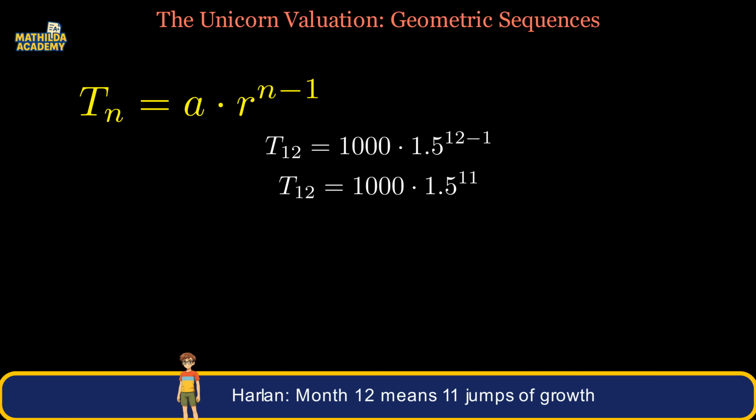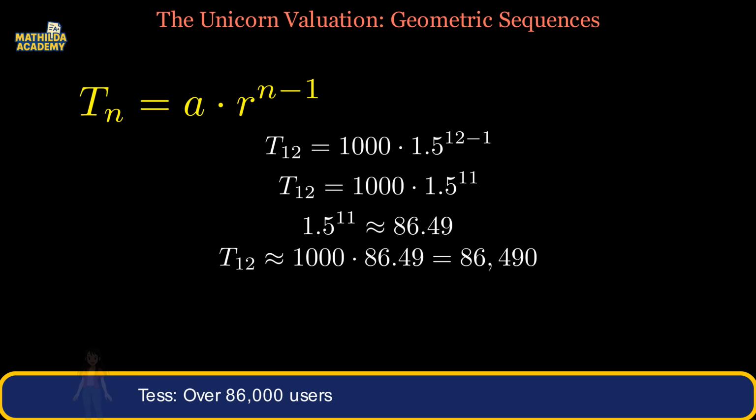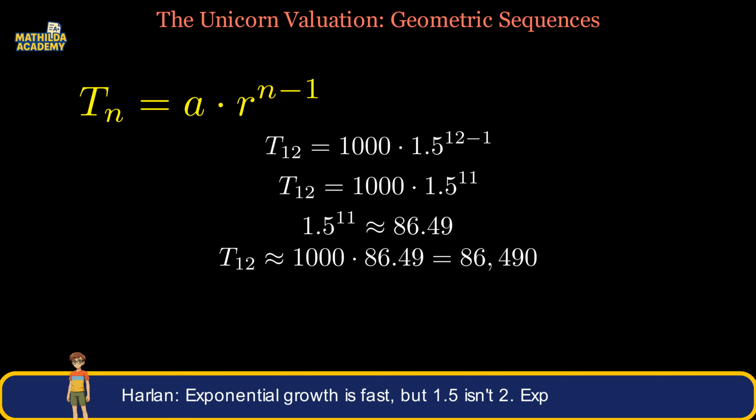Month 12 means 11 jumps of growth. Over 86,000 users? Wait, I thought it would be 1 million. Exponential growth is fast, but 1.5 isn't 2.